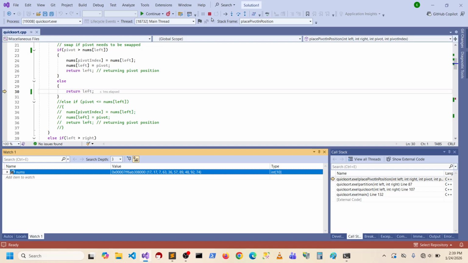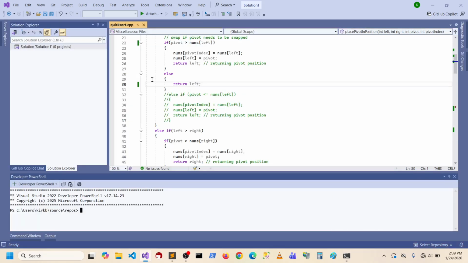Let's try that. So the return left fixed that one edge case, but that's just not correct. Less than or equal to nums left. This code here would have done it, but I think it would have been minus.